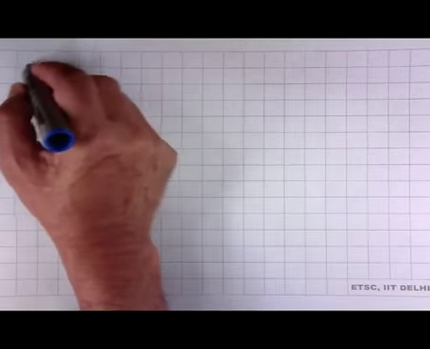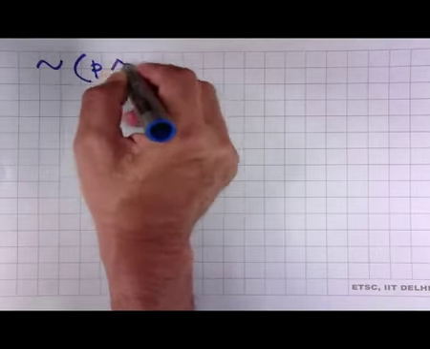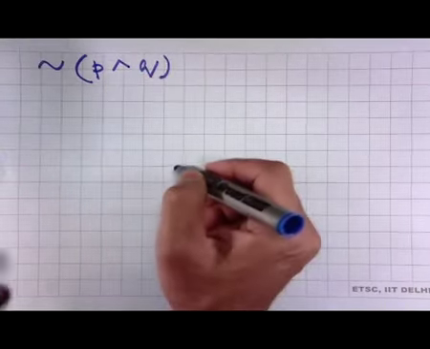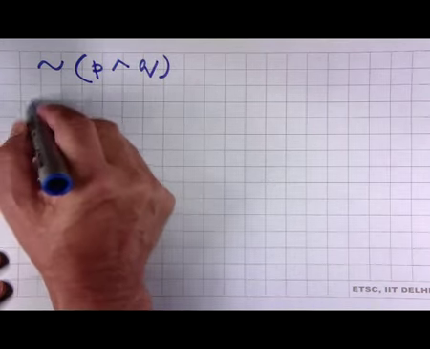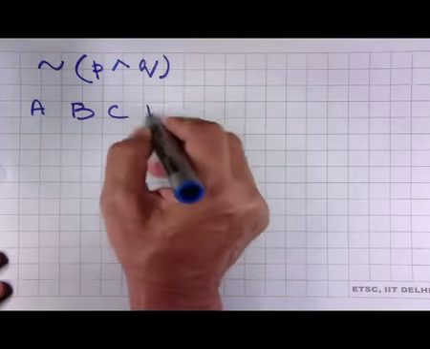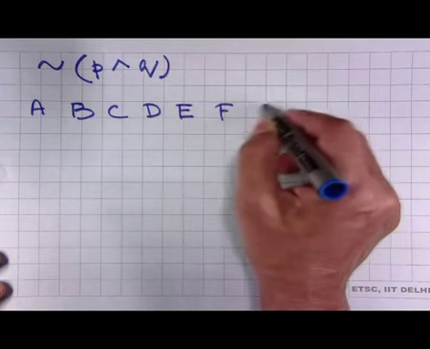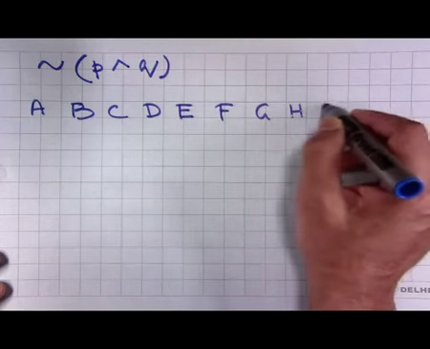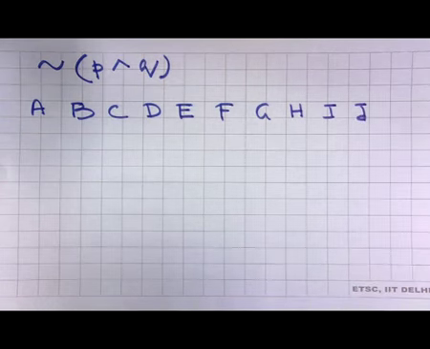Now, what is the negation of P and Q? Let us draw the set again. Okay.